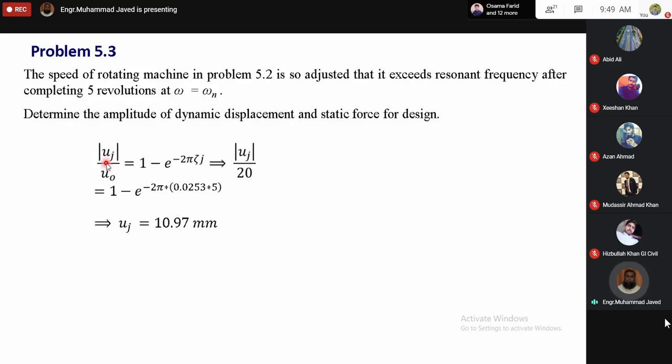We can use this equation to determine the displacement at resonance after j cycles, and it shows that when resonance occurs and the machine completes 5 revolutions, the dynamic displacement is 10.97 millimeter, whereas displacement for full resonance is 20 millimeter.